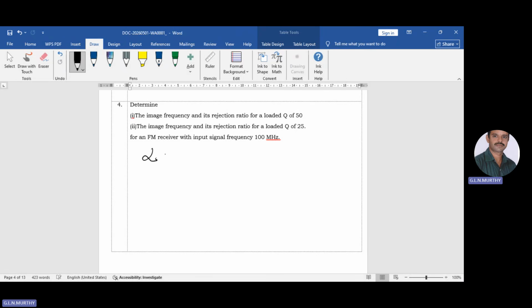So what is the expression? Alpha, the image frequency rejection ratio, is given as, hope you remember, root of 1 plus Q square rho square. What is Q? Q is called the loading factor.